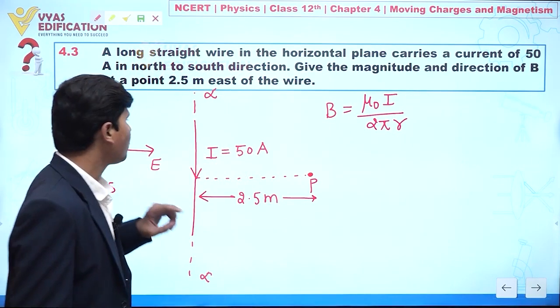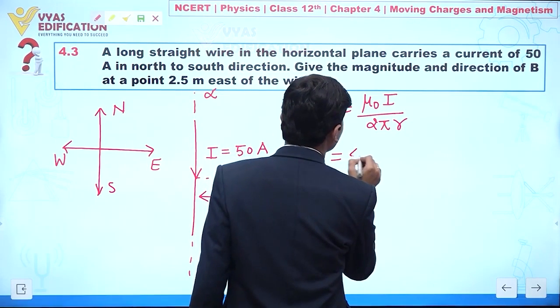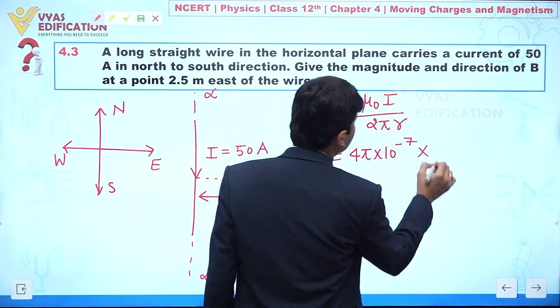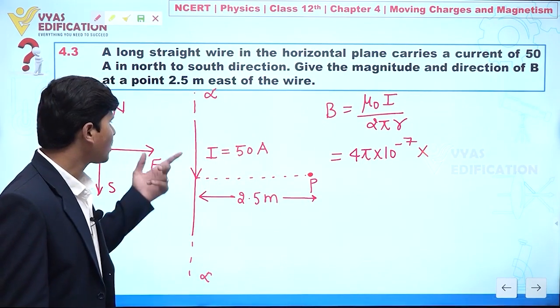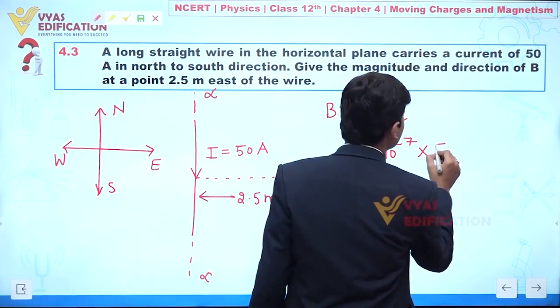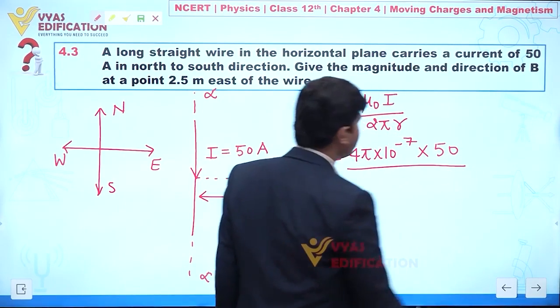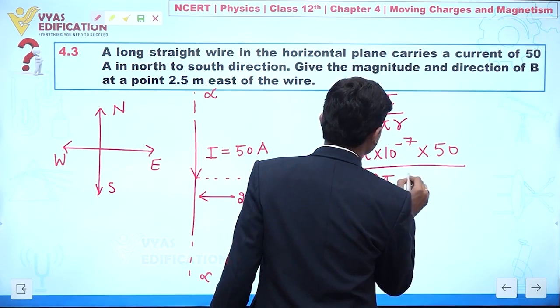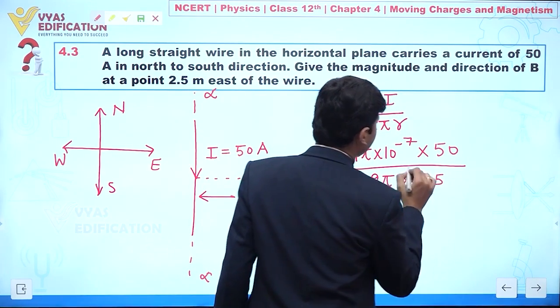The value of mu naught is 4 pi into 10 to the power minus 7, multiplied by the current, 50 ampere, divided by 2 pi and the distance given to you, 2.5 meter.